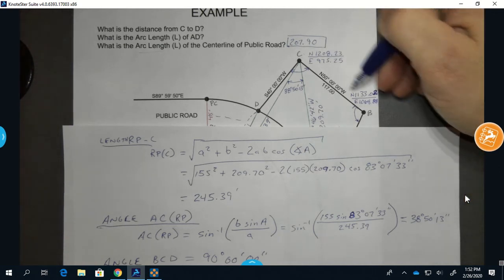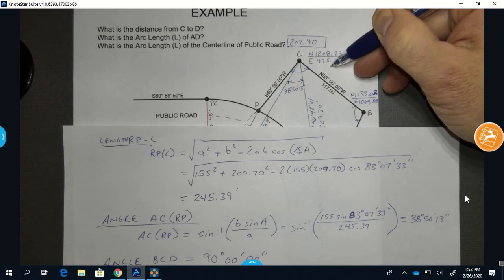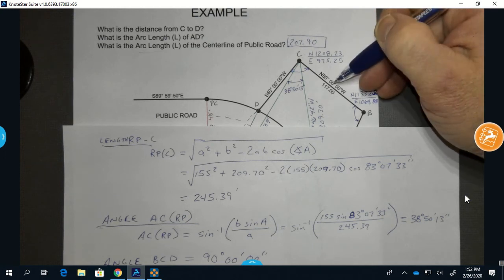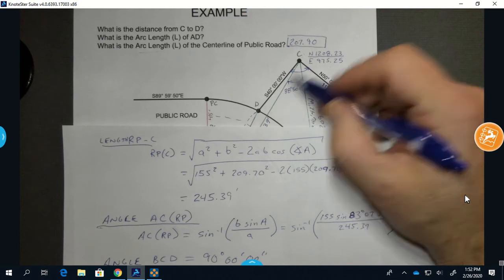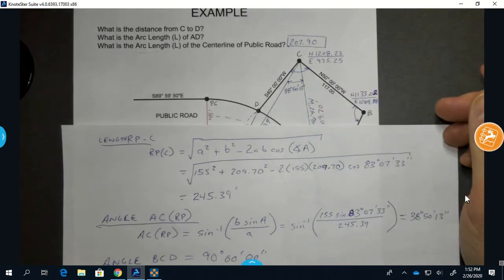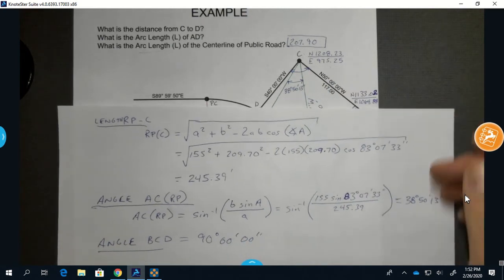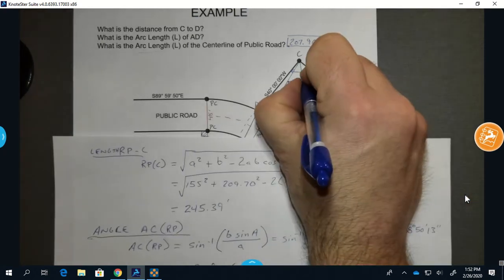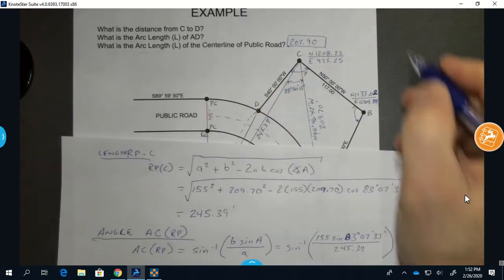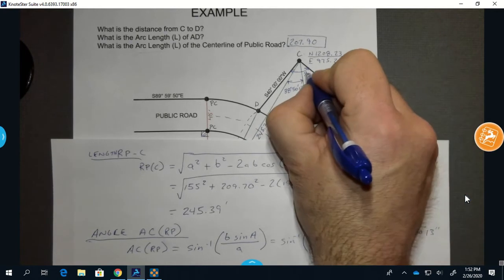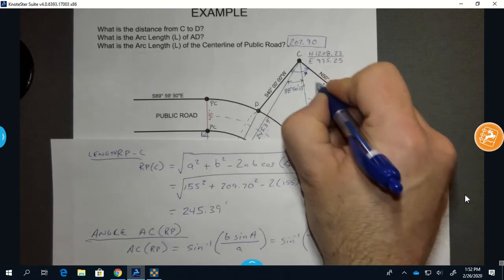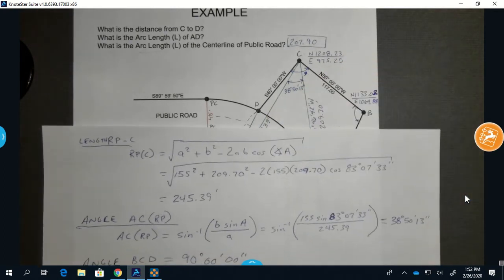Basically, if I transfer this one down as a back bearing, it turns into a southeast. So I'm 50 degrees from south, and this one is 40 degrees from south. So I just add them both together, it gives me 90 degrees. So angle BCD is 90 degrees. I'm actually going to write that in there because I don't want it to be confusing for if it was this angle.